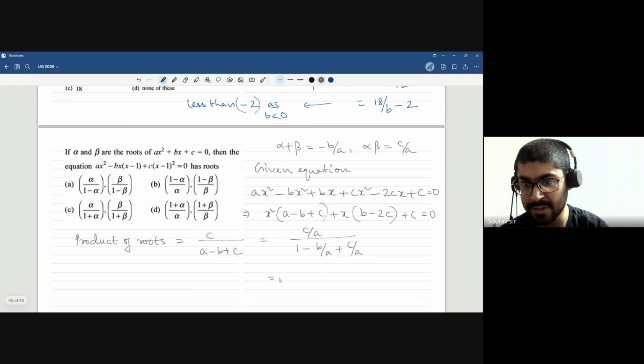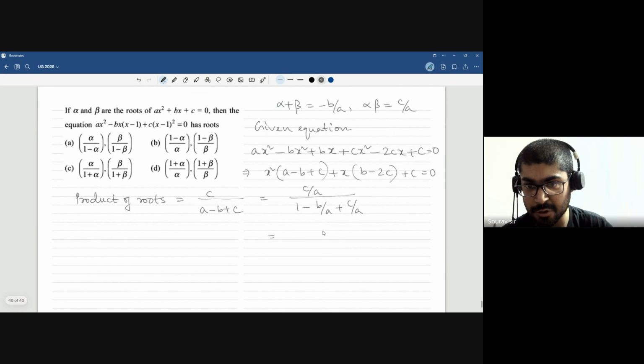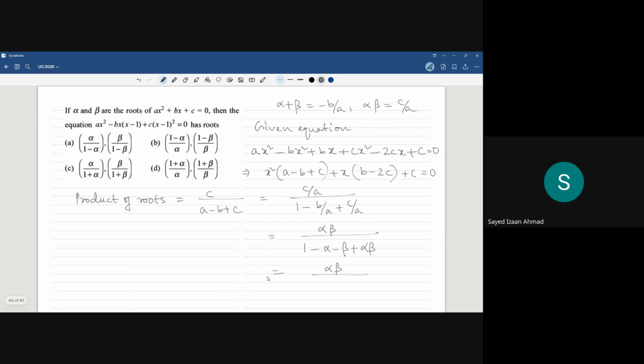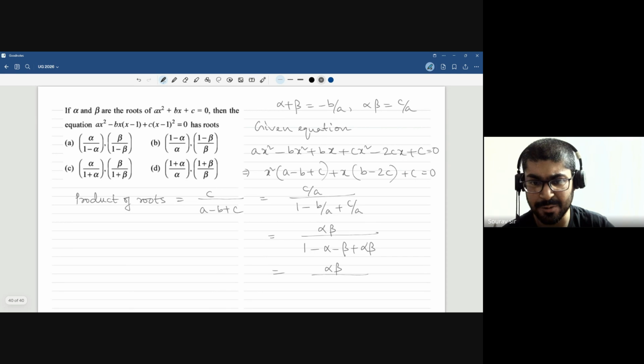This means c by a is alpha beta, so alpha beta over 1 plus alpha plus beta plus alpha beta, since b by a is minus alpha plus beta, so it will be plus everywhere.